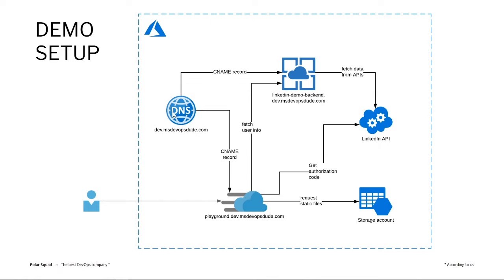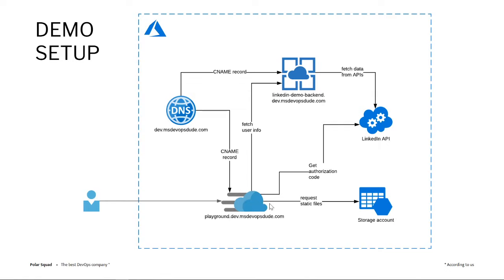I have an Azure DNS zone already running in my sandbox account, and I have a couple of CNAME records added for my resources there. Everything you can see here is automated. The only thing that's not automated in my setup is this one DNS zone where I'm adding those CNAME records.